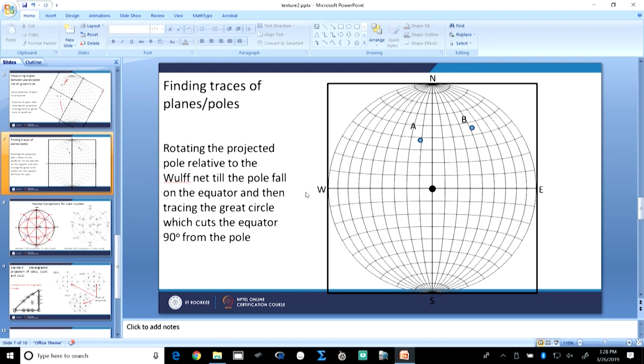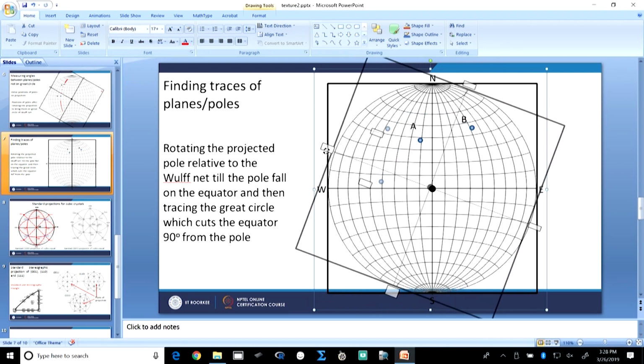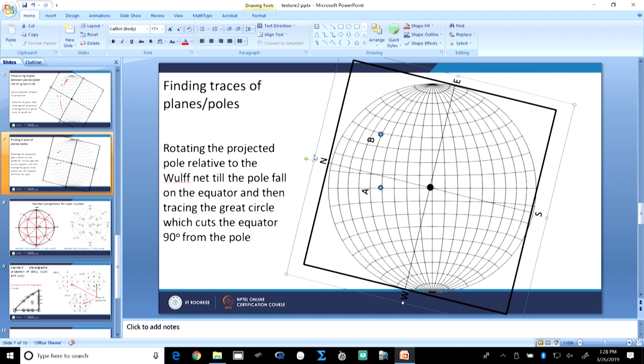Now, if you remember, and I have noted it down here also: rotate the projected pole relative to the Wolf net till the pole falls on the equator, and then trace the great circle which cuts the equator 90 degrees from the pole. So, I am going to do that now. I will rotate this one such that A comes on the equator here. So, A is now on the equator.